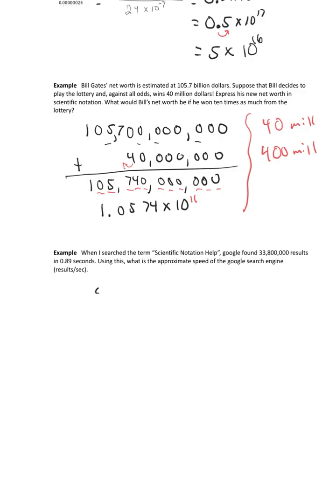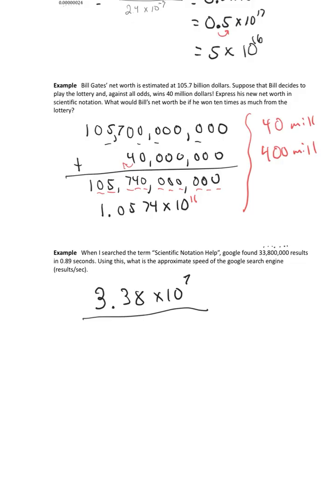So in this case, let's go 3.38 times 10 to the 1, 2, 3, 4, 5, 6, 7. So that's the results. And then per second, so that would be 0.89 seconds, or actually let's put that in scientific notation as well.